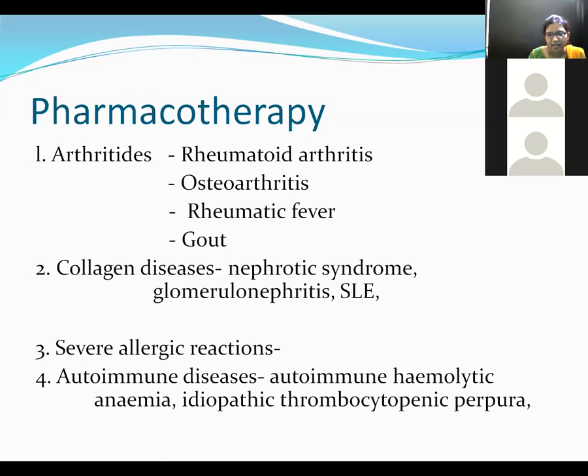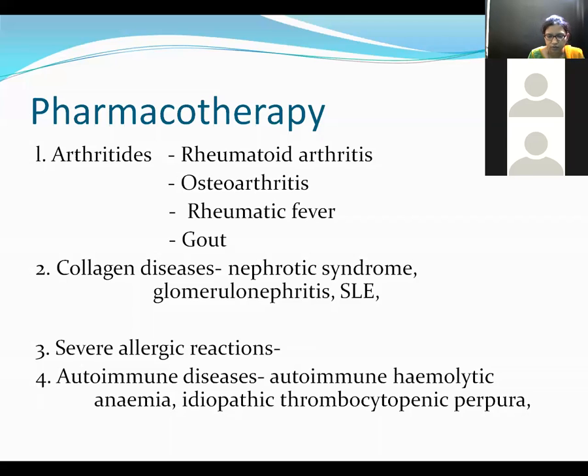Severe allergic reactions are like pemphigus vulgaris, angioedema, rashes, purpura. In such allergic conditions, you can give glucocorticoid to tide over the crisis. Then autoimmune disease means the body secretes an immunological response against the body's own tissues.